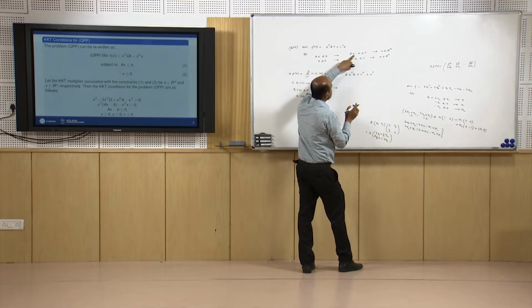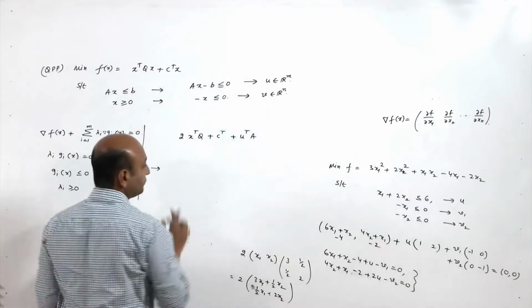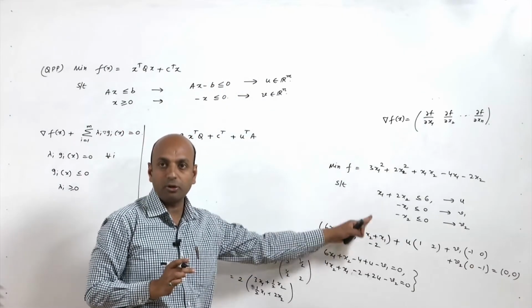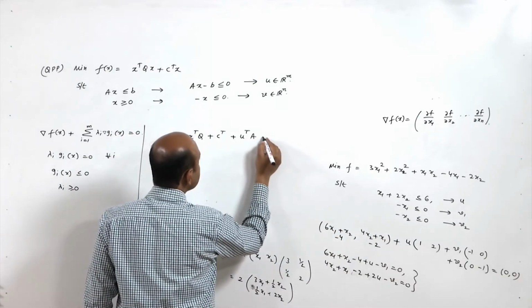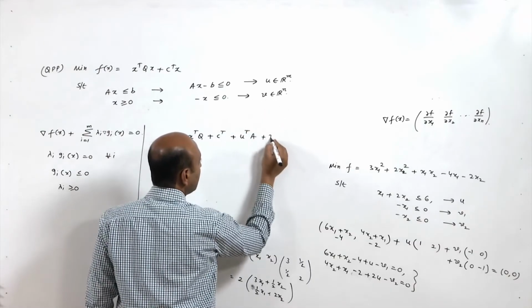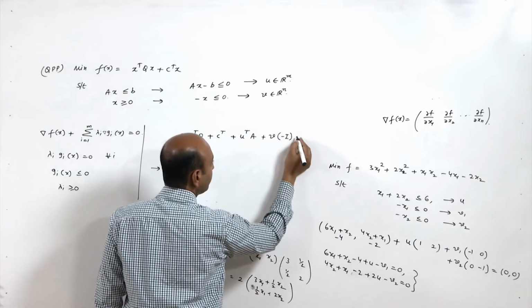So this is A, and the gradient of this is nothing but A. You can easily see this if you write the KKT conditions for this particular problem. And then minus v, and the gradient of this is nothing but minus I, which is equal to 0.